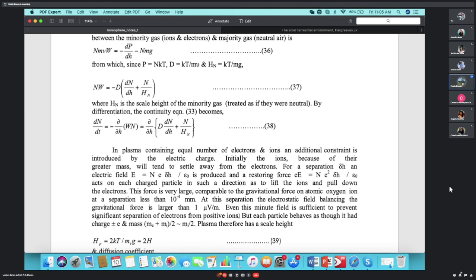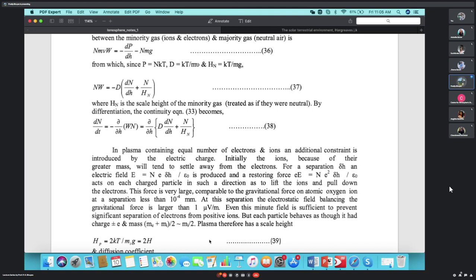So this electric field will also set up a restoring force. Restoring force means the ions will be pulled or lifted, the electrons will be pulled back. So it will try to reduce the charge separation.